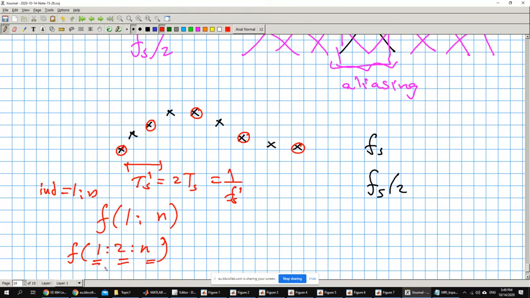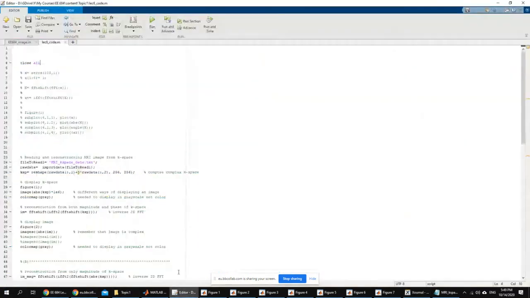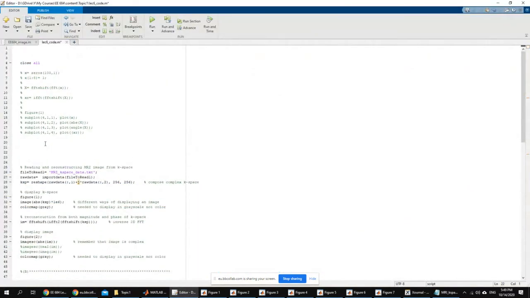Let's try that so that you can see how it's done in a one-dimensional signal. Let's have X as a sinusoidal signal. I just want to see the effect of the undersampling a little bit more, but it's okay. Sine of pi over 10 times 1 to 100.